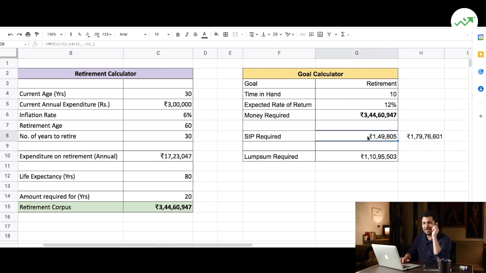What would have initially taken you 9,860 rupees is now going to take you 1,49,000 rupees to create the same corpus. Time, right? The value of time. Compounding works when you have more time. And so the point being, the earlier you start planning for your retirement, the better it is.